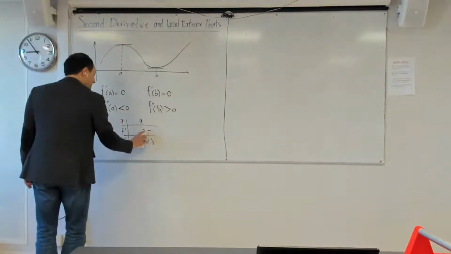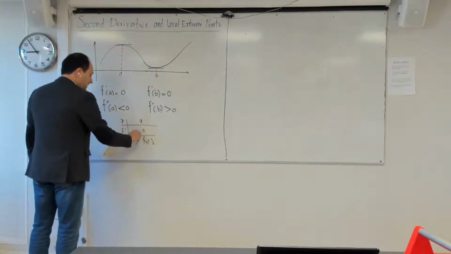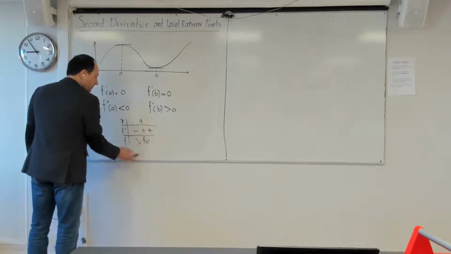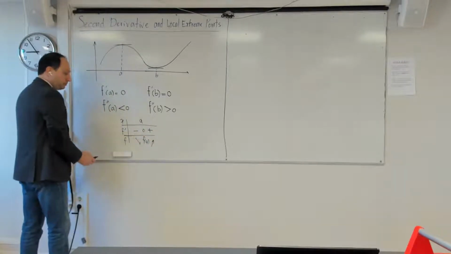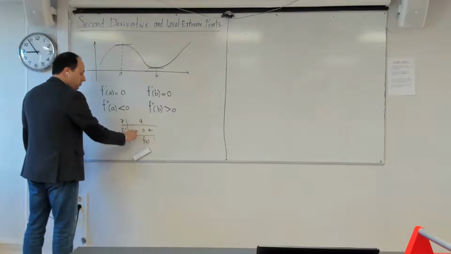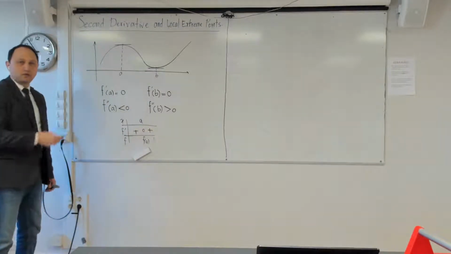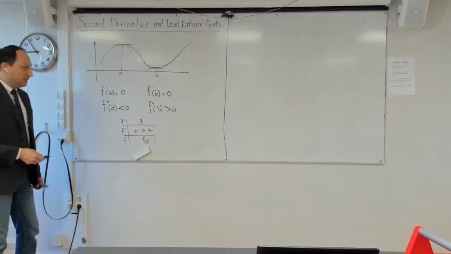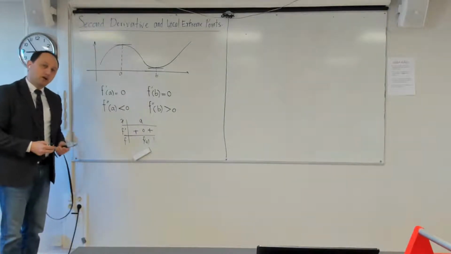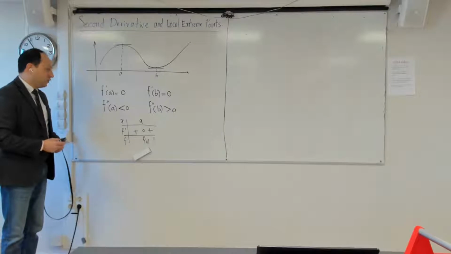Or it might happen that this one is negative, this one is positive, then it goes down, it goes up, it becomes a minimum. Or it might happen that both of them are positive or both of them are negative, then it becomes a terrace point. Now we found another criterion, sometimes much simpler to work with.